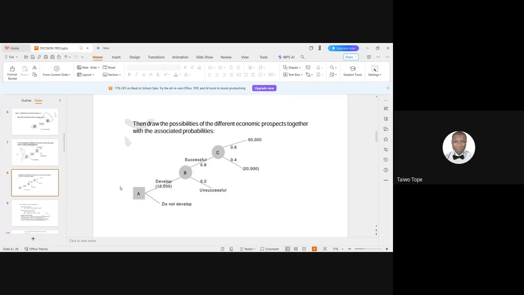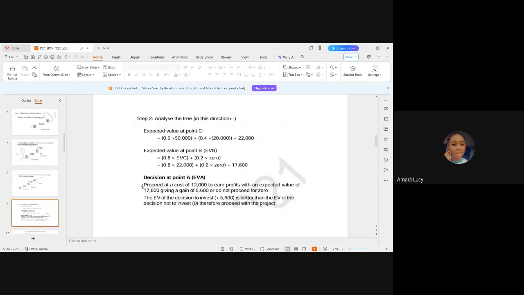The decision at point A: proceed at a cost of 12,000 to earn profit at an expected value of 17,600, giving a gain of 5,600, or do not proceed for zero value.